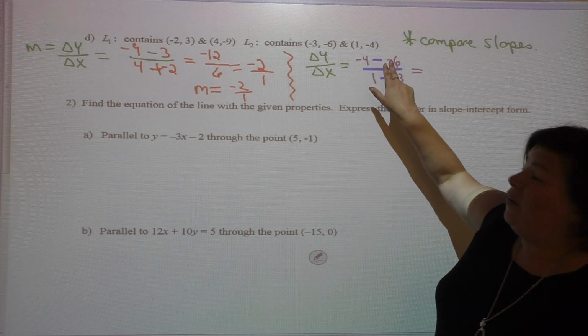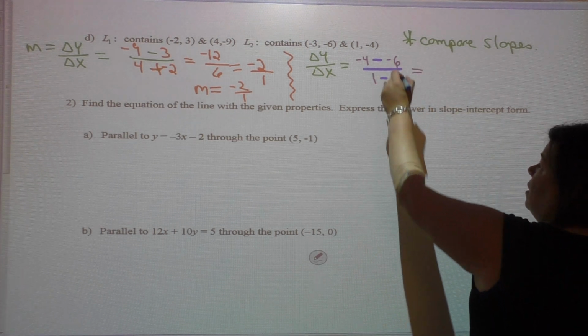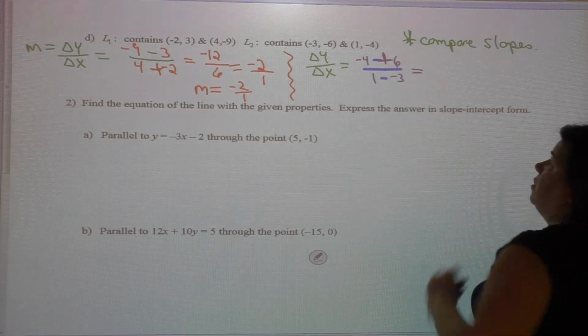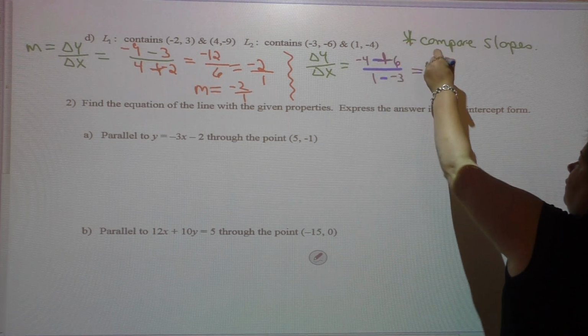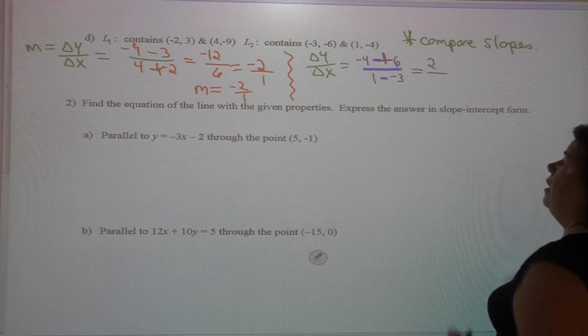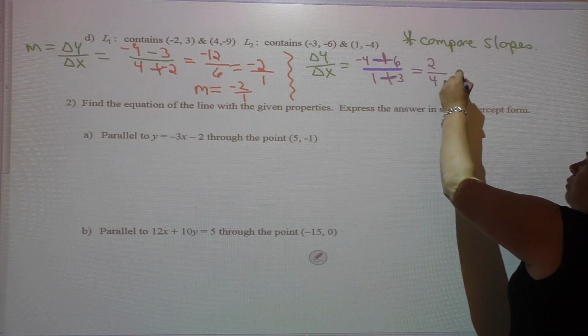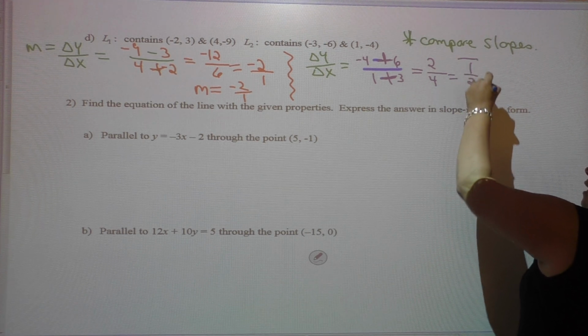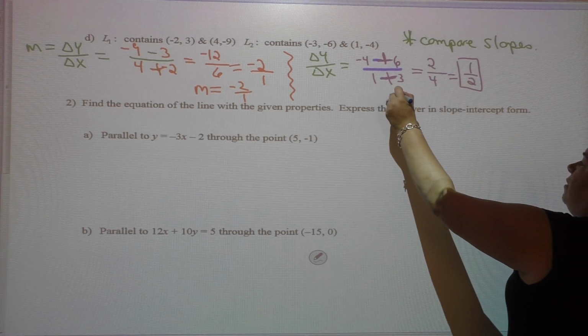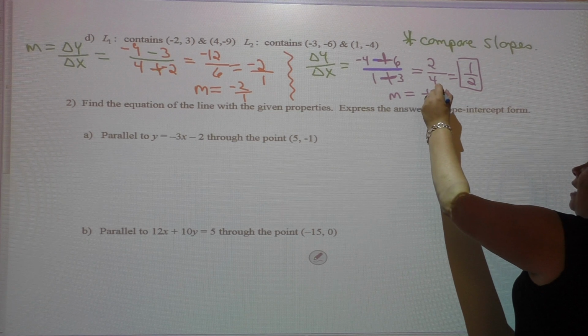Here I can simplify that: minusing a negative becomes a positive, so negative 4 plus 6 is positive 2, and then 1 minus a negative 3 is plus 4, which reduces to positive 1/2. So the slope of this line is positive 1/2.